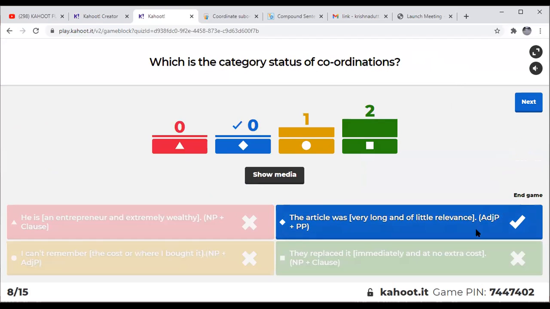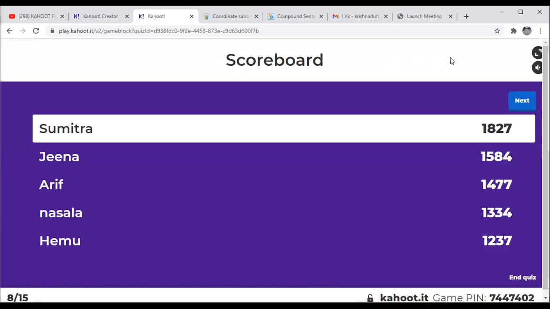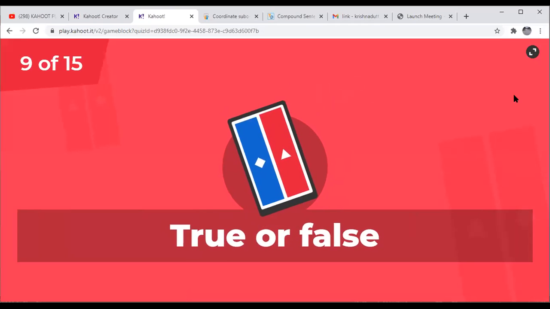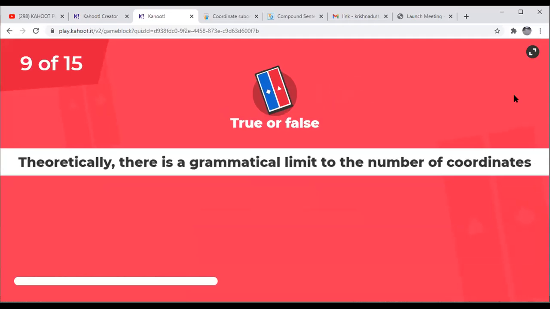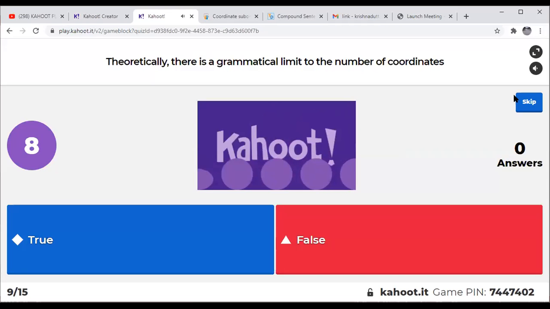So this is the correct one. It was a little bit challenging. Sumitraji is again at the number one position, followed by Jinaji and Arif sir. Next is true or false. Theoretically, there is a grammatical limit to the number of coordinates. Is there any grammatical limit, or are there more coordinates?